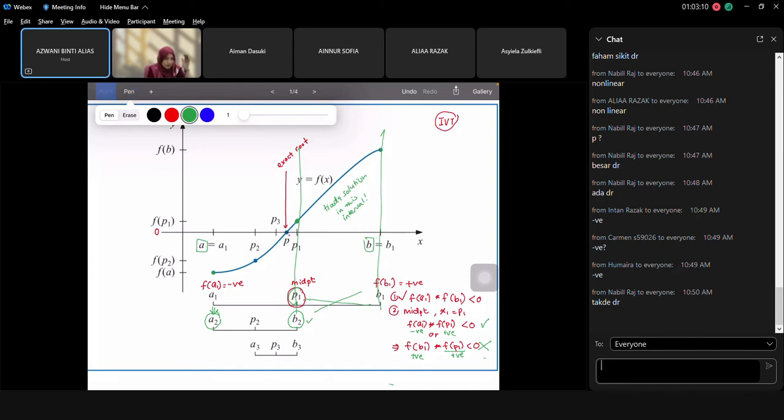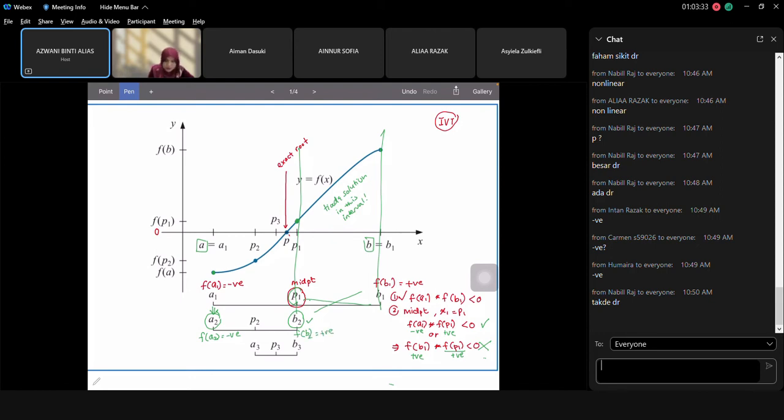So sekarang ni kita punya interval in between ni dah. So solution kita kat sini dah dalam interval. Okay, so what's next? Kita tengok FA2 adalah negatif, FB2 adalah positif.